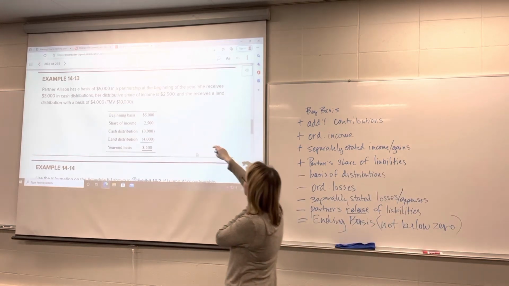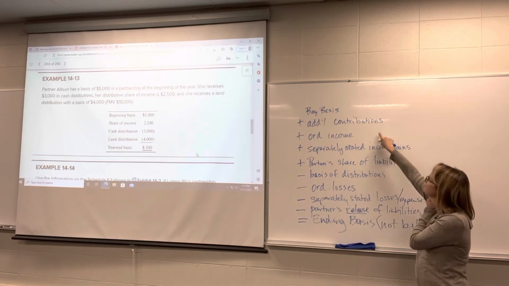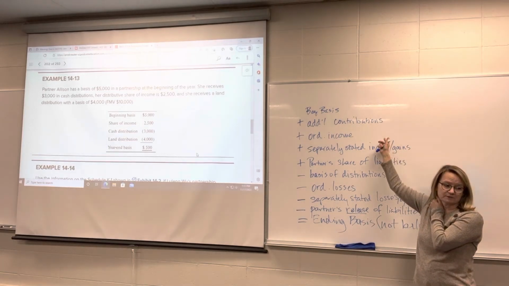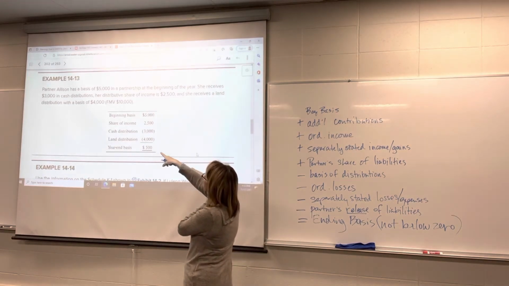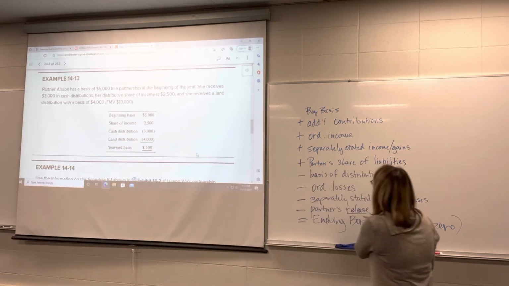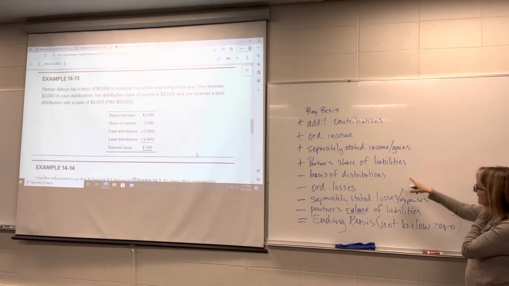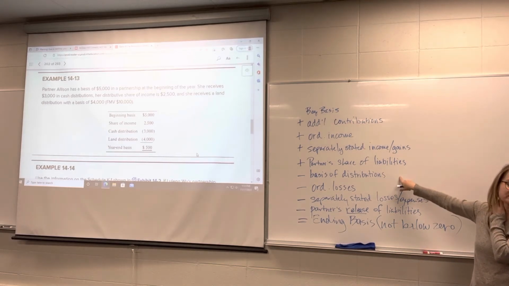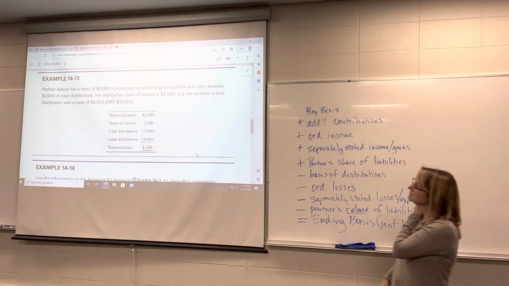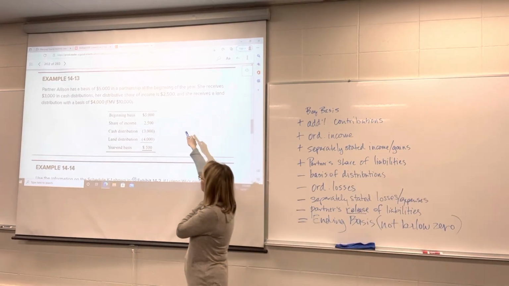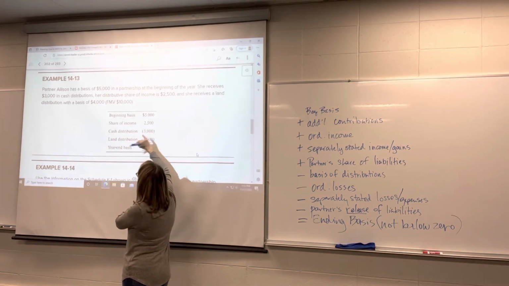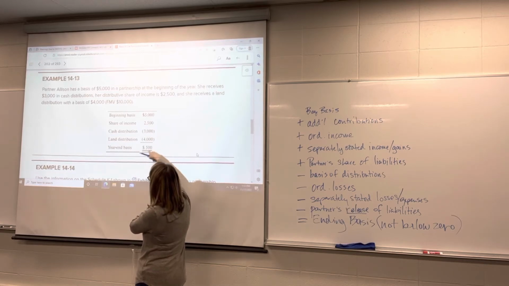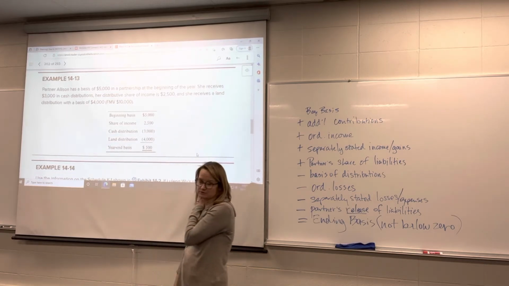Her distributive share of income is $2,500. That's a plus to her basis. And she receives a land distribution with a basis of $4,000. Another distribution, but this is a land distribution. Okay, so calculation. Start with the 5,000. We're going to add that income, but the cash and the land reduce her basis to $500.